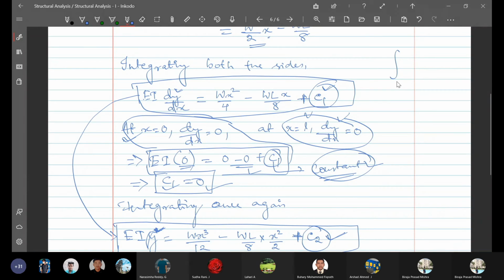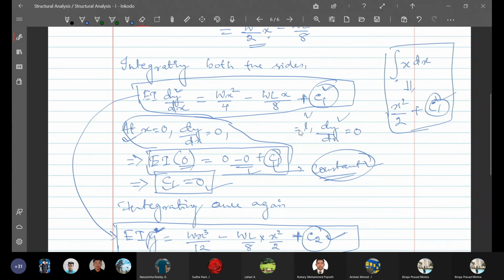Whenever we do integration, for example, integration of x dx becomes x square by 2 plus some constant C1. This we did in our mathematics. So how would this constant have two values?